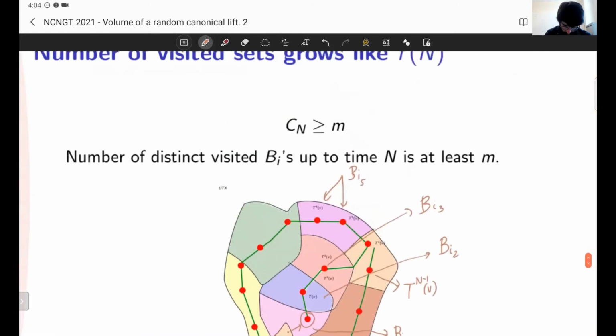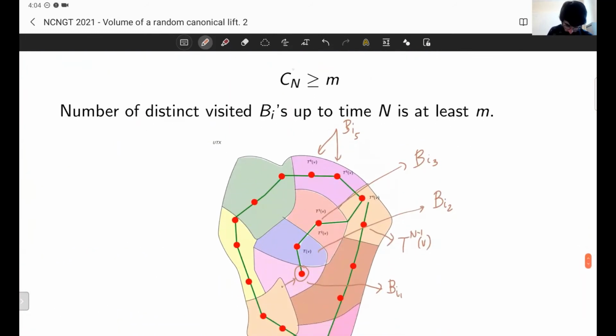So, for example, C_n is the number of different B_i sets that we have visited.